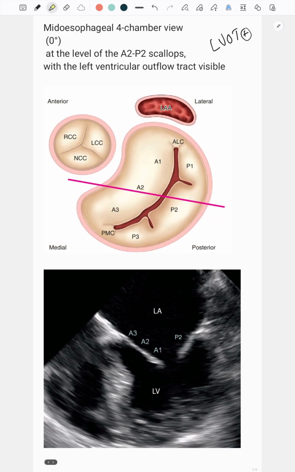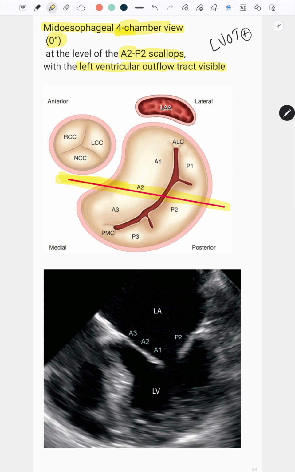This is one more mid-esophageal view, the 4-chamber view at 0 degrees, where we can see the A2 and P2 scallops of the mitral valve, and the LVOT, the left ventricular outflow tract, is visible. This is the same 0 degree angle, on advancement.